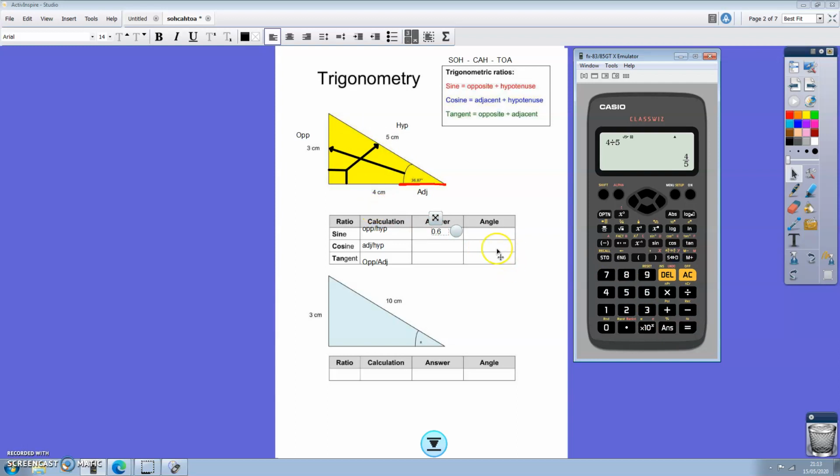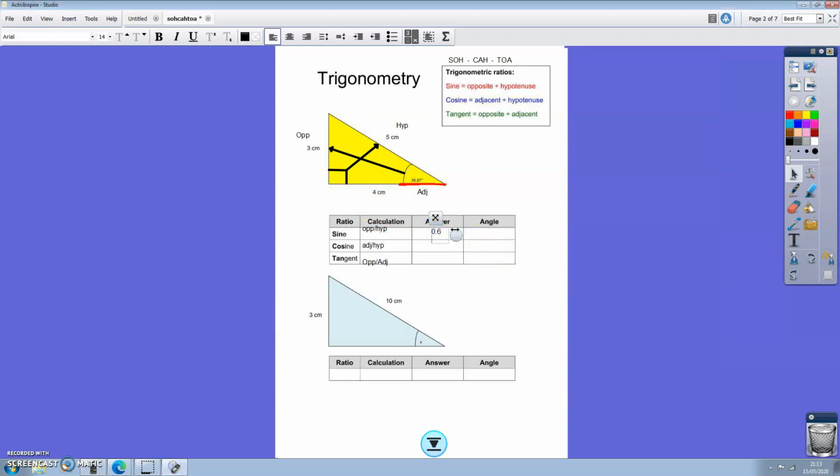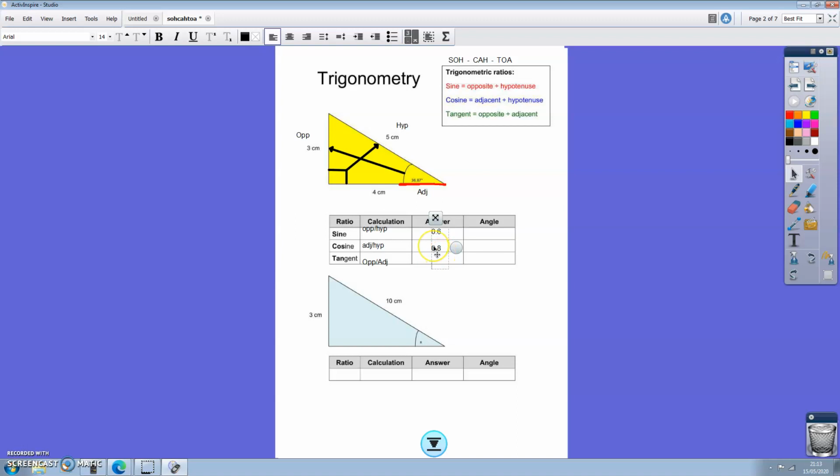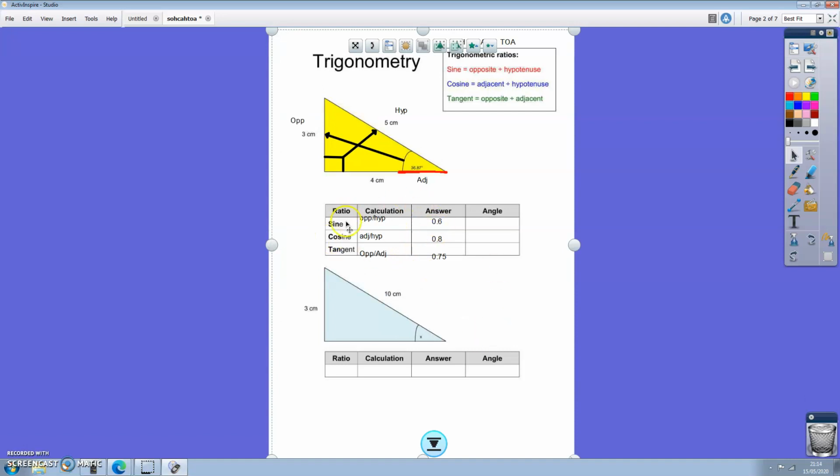And for tangent, I've got the opposite, which is 3, divided by the adjacent, 4, and 3/4 is 0.75. So I'm able to work out one side of the equals.